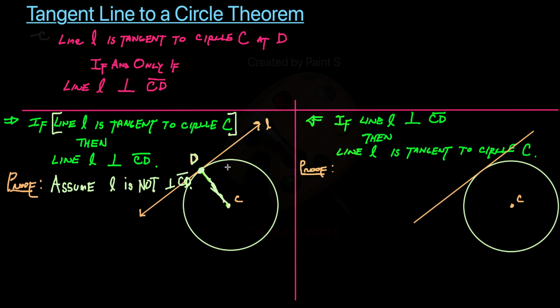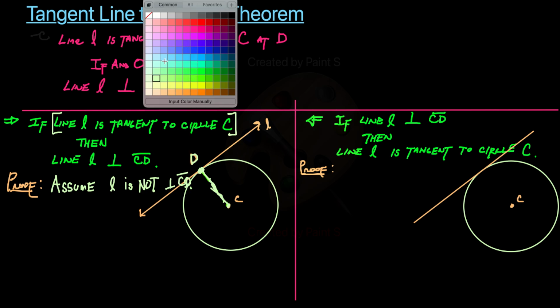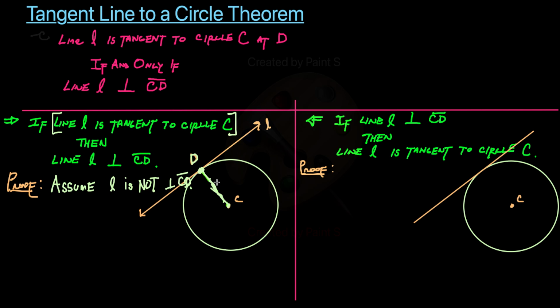C is a point off of line L, and through every point off a line, there exists exactly one line through that point C that is perpendicular to L. So if we're assuming CD is not perpendicular to L, there has to be some other point M where the line joining C and M is perpendicular. That forms your right angle.